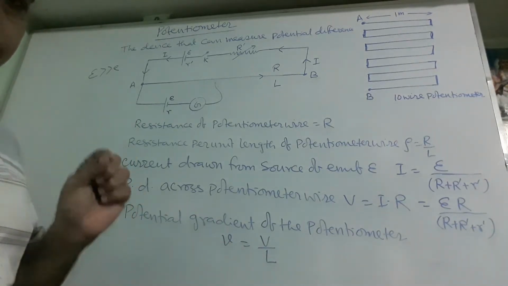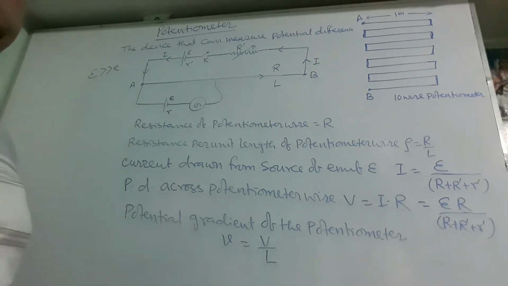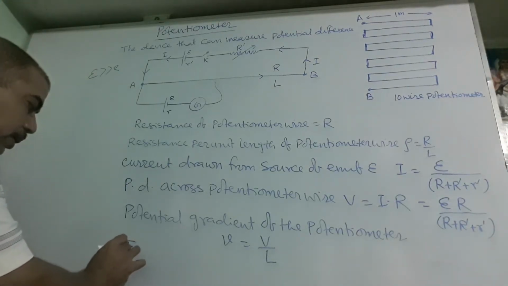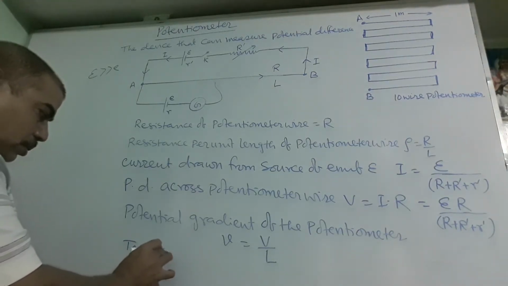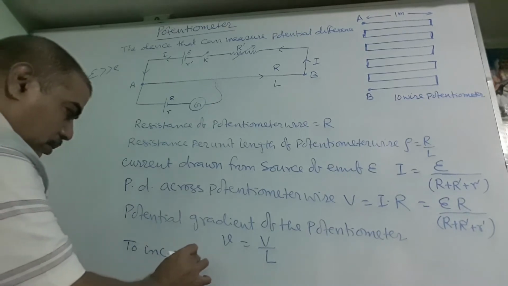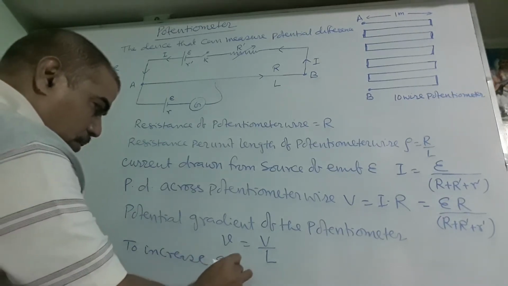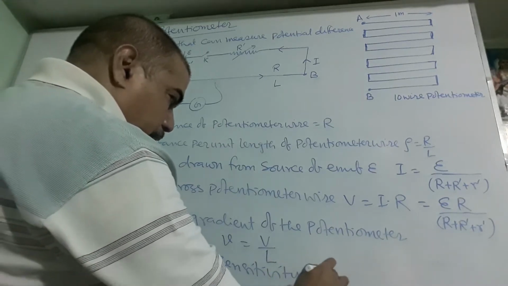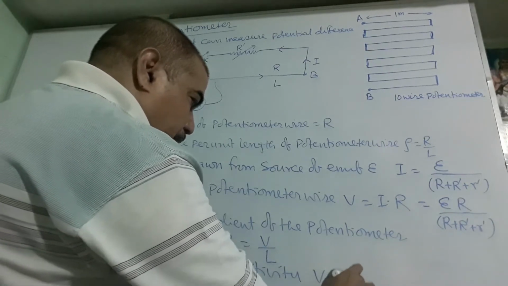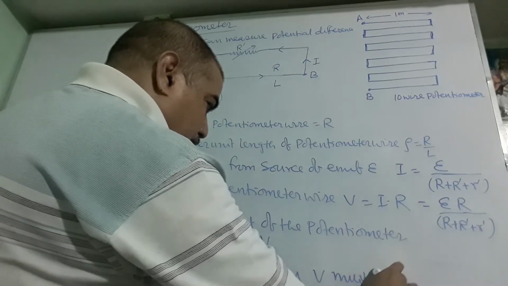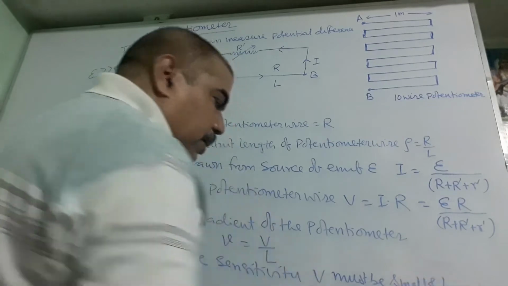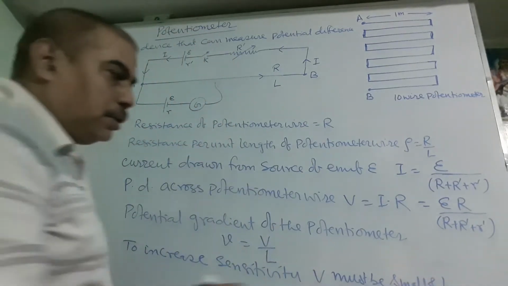That is, a very small potential difference can also be measured, and that we call sensitive. So to increase sensitivity, V must be small and L must be large.